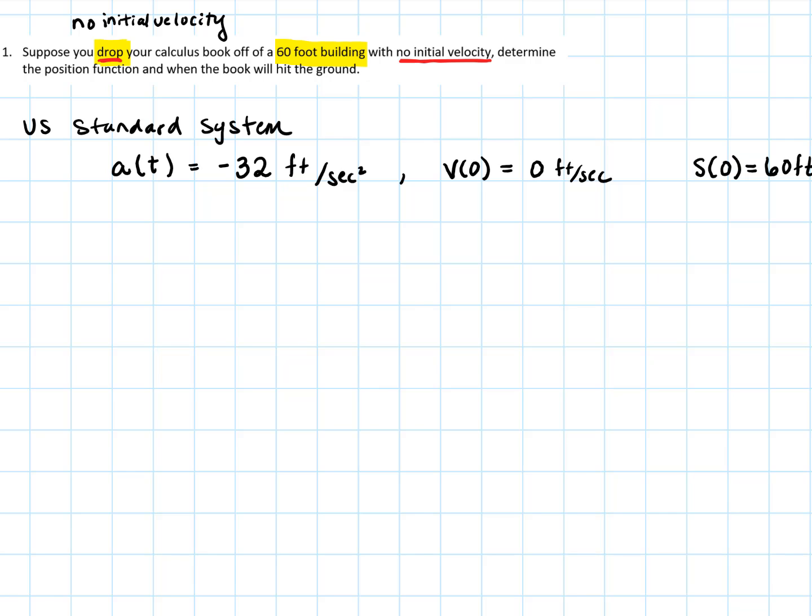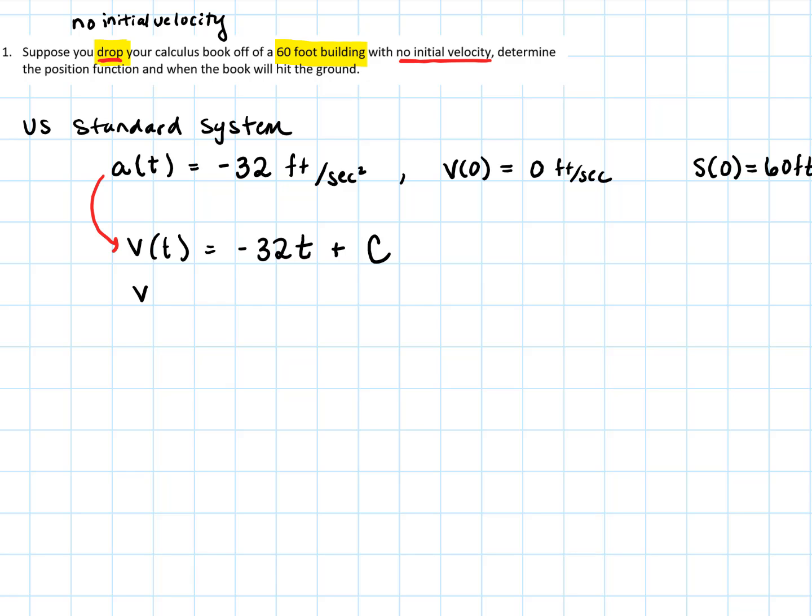So now, pulling all this together, along with what we know about the relationship between position, velocity, and acceleration, and what we can now do with antiderivatives, we can answer our questions. The first thing we're going to do is go from acceleration to velocity. This is just a constant, so velocity is going to be negative 32t plus a constant, plus c.